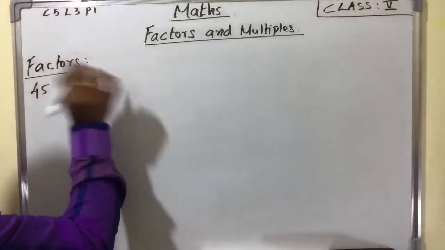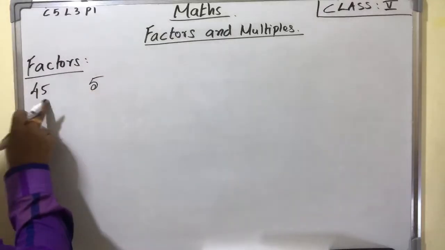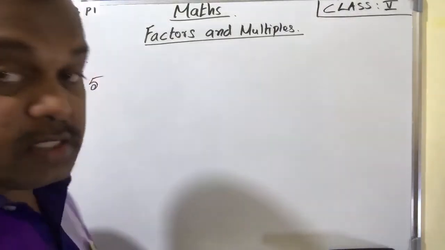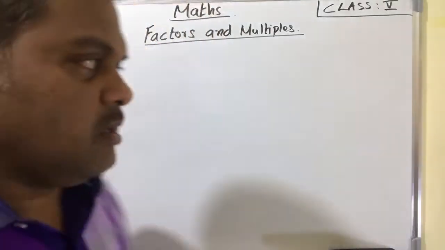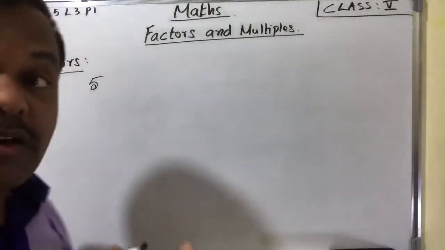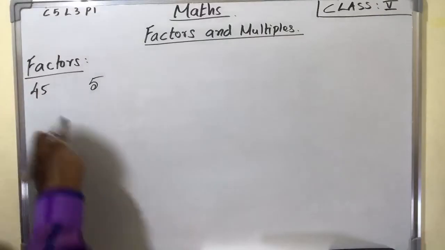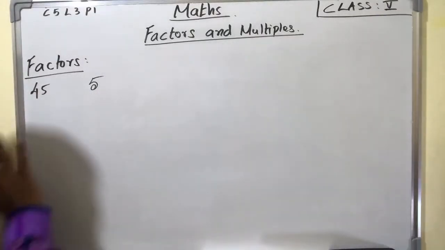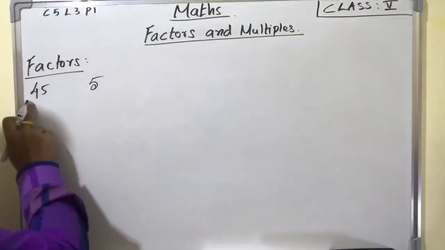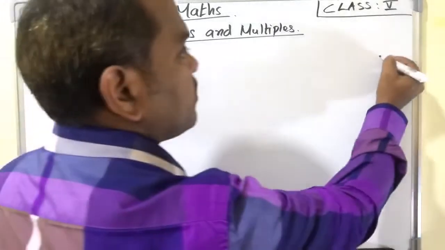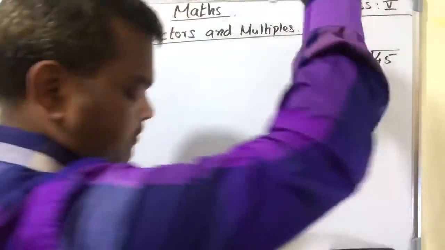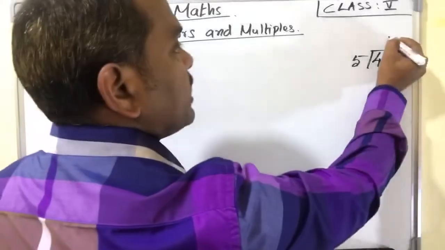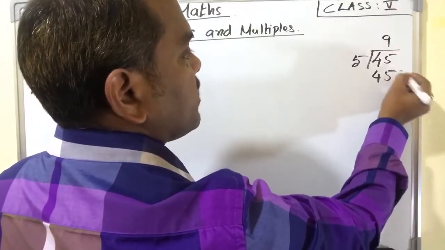Is 5 a factor of 45? That is my question. Okay, how to check? I told you a factor of a number divides a number without leaving any remainder. Now I am going to divide 45 by 5. 9 5s are 45.